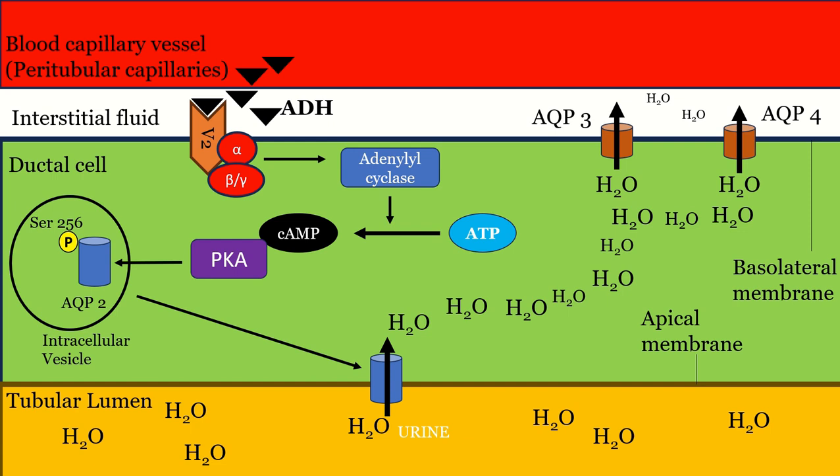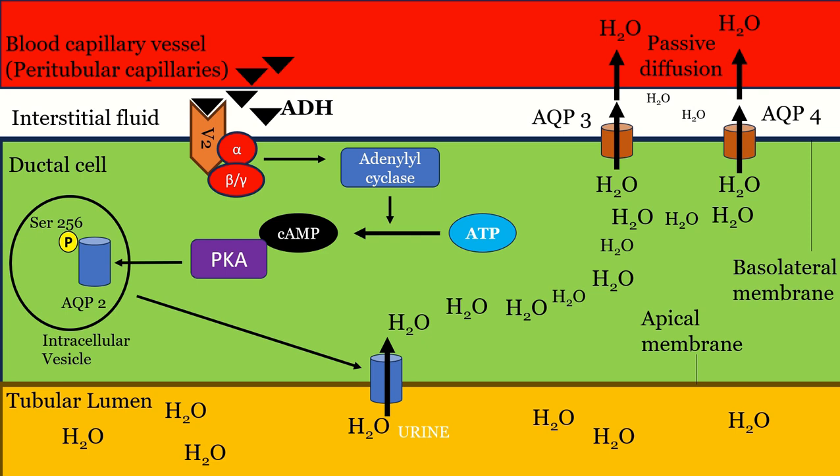Through aquaporin 3 and 4, the water in the ductal cell will move to the hyperosmotic interstitial space, and from there, since the osmolarity is very high, it will passively move into the blood circulation again, in the peritubular capillaries. This is how ADH vasopressin will decrease the urine output and increase the reabsorption of water from the urine.